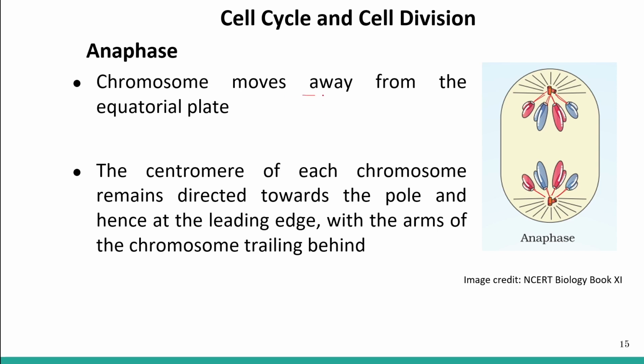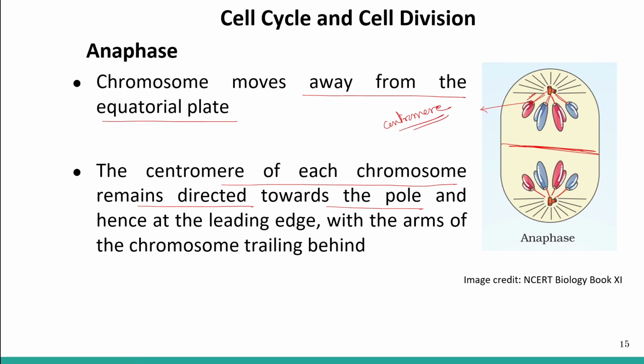The chromosome moves away from the equatorial plate. Now here you can see no equatorial plate like structure. Okay, so the centromere of each chromosome remains directed toward the pole. So here you can see this is the centromere. And it is directed where? Towards the pole. This is the pole.